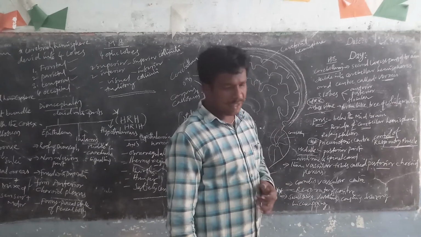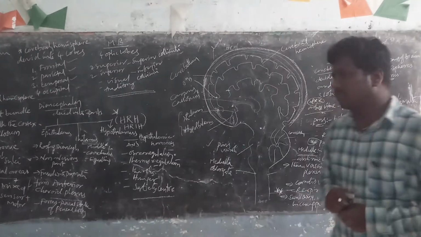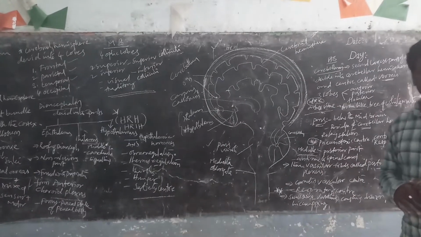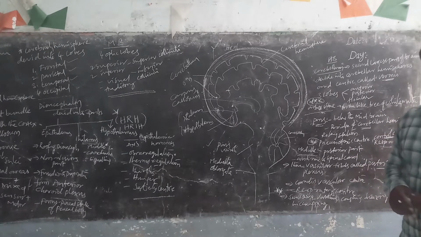These are useful for the cardiovascular center. Heart functioning is controlled by the medulla oblongata. Okay, cardiovascular center and respiratory center.